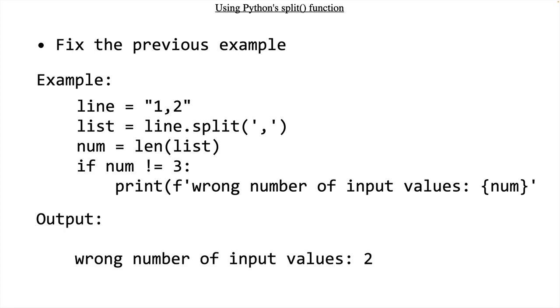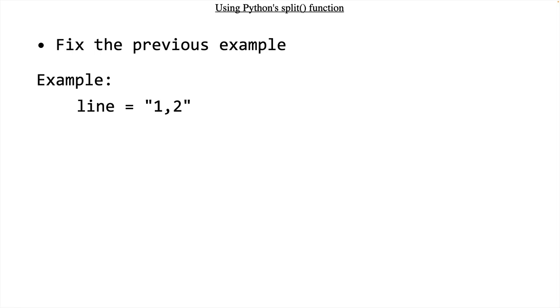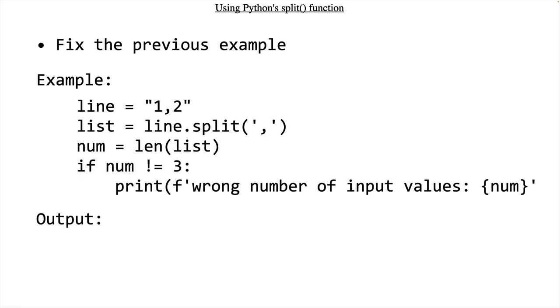The output for this would be "wrong number of input values 2". So if you don't know how many items you're going to get, or you want to do some error checking and not raise an exception, this is one way to do that when we're dealing with the split function.